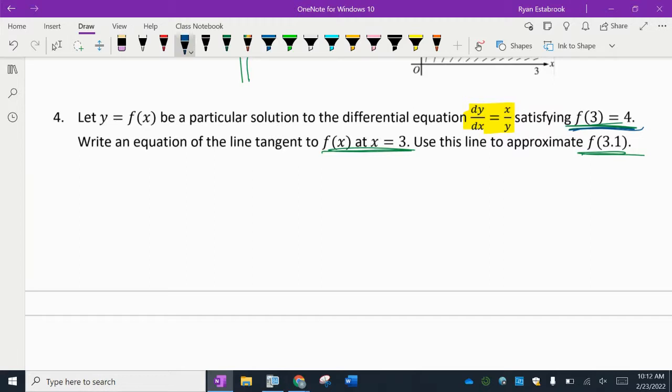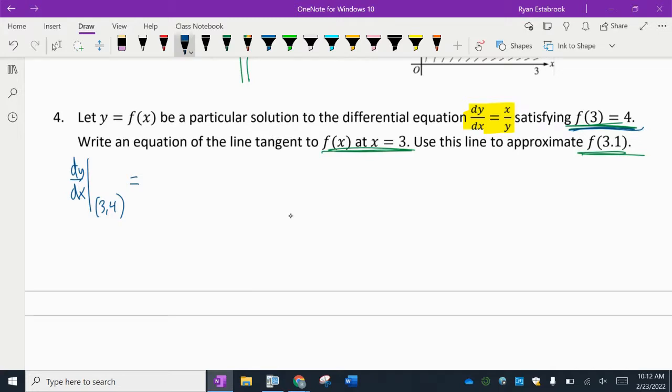To write the equation of a line, you need to know the slope and you need to know a point it passes through. So what is the slope? What is dy dx at the point (3, 4)?